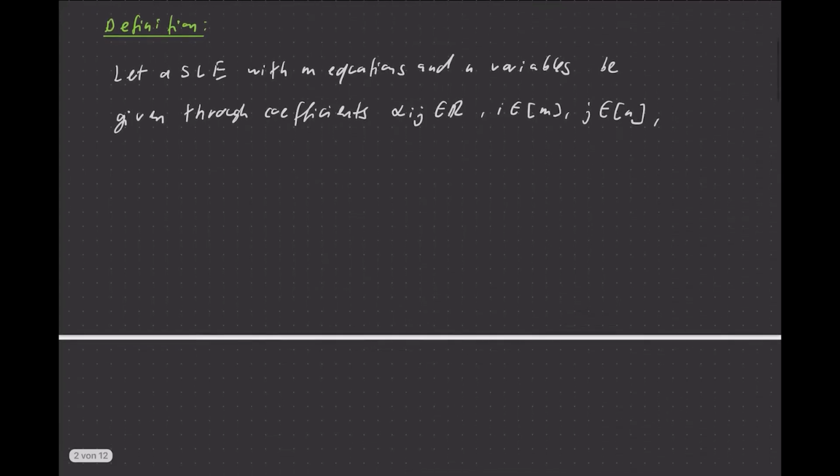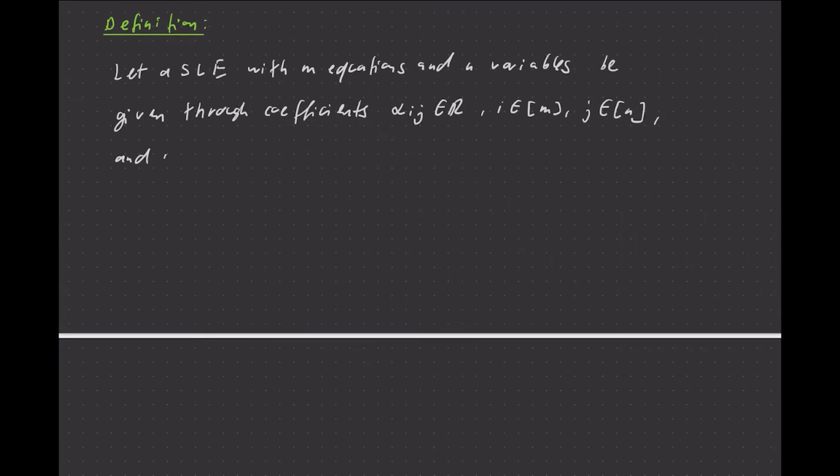And we also need the right-hand side. We call those beta i, from 1 to m. So those are the values that actually define the system of linear equations.